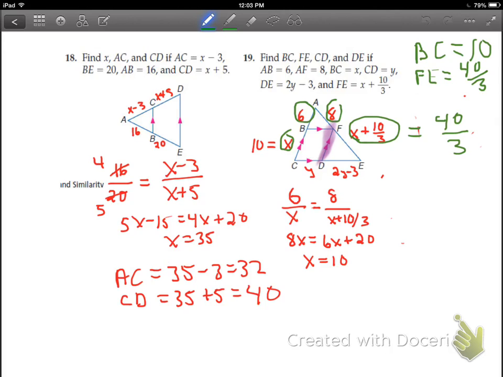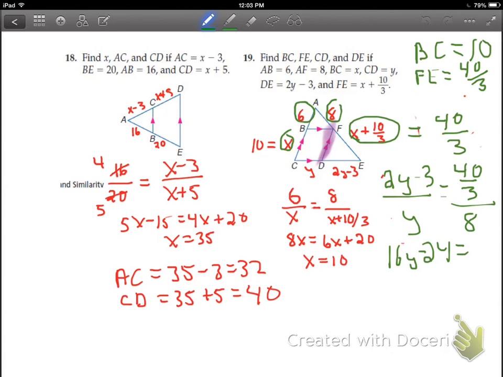Now using FE as the parallel line, we would have that DE, which is 2y minus 3, over CD, which is y, would have to equal FE, which I figured out using the value of x we just found, that FE has to be 40 over 3 divided by 8.